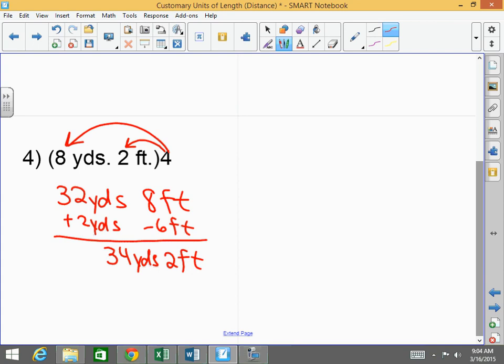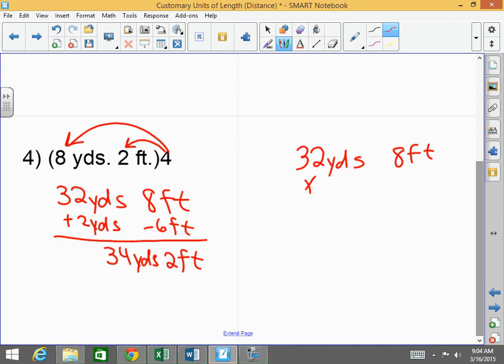Are you sure? Now, what if I told you I want this all in feet? Okay? This is where the conversion comes in. If I want to turn yards into feet, I'm going from large to small, correct?